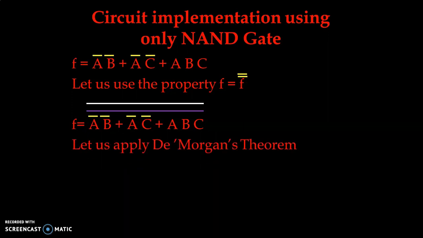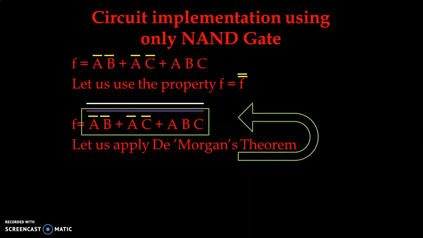Then we apply De Morgan's theorem. We leave this inner bar as it is, and with the whole outer bar, we apply De Morgan's theorem. We know that De Morgan's theorem says that the complement of a sum is equal to the product of complements. Now let us see how we can write after applying De Morgan's theorem.